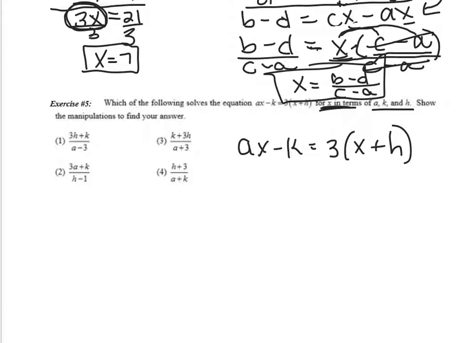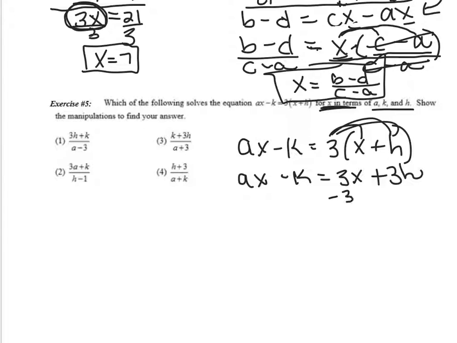Well, we've already learned that we distribute to get rid of parentheses, so even in a literal equation, we could do that. We end up with ax minus k equals 3 times x is 3x, 3 times h is 3h. Well, we got variables on both sides. Let's get the variable on one side.